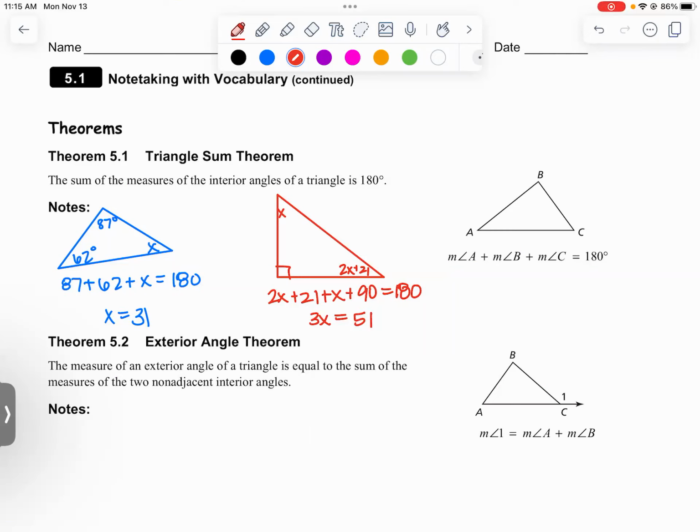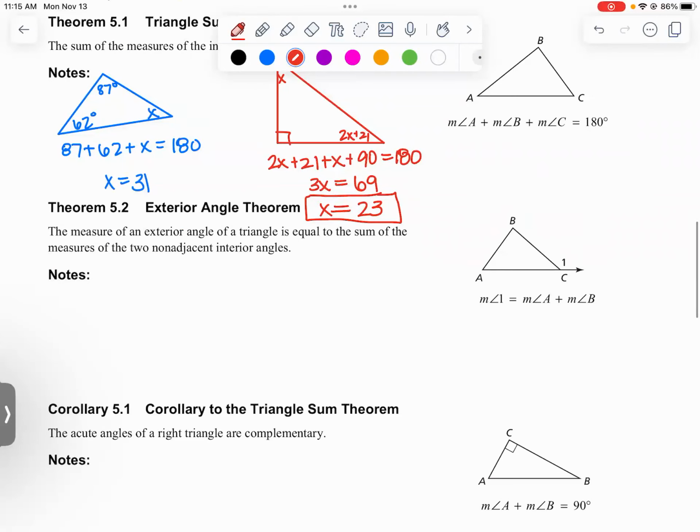No, 59. Oh, it's 51. Yeah, 59. No, not 59. 69. Stop being immature, Brandon. Thank you. Brayden, what's X? Wait, I see, it's 23. Thank you. Brayden, just don't react. That's what he wanted.